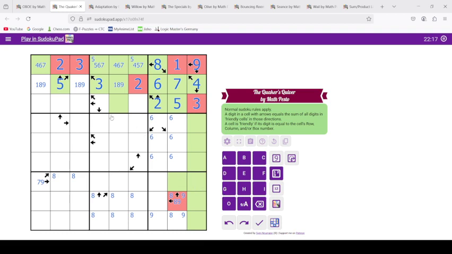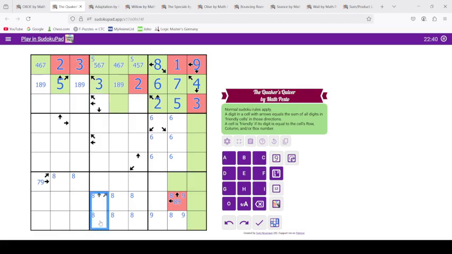Let's see. Where does... This is 4 along this. This can't be an 8.